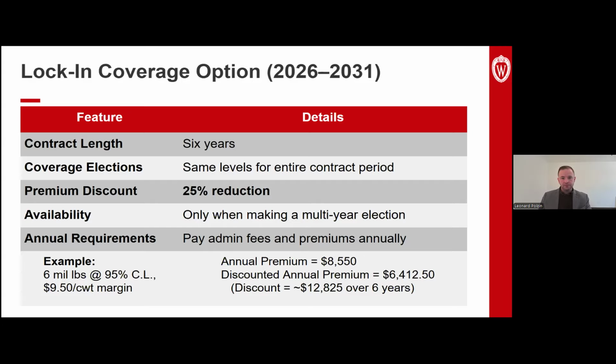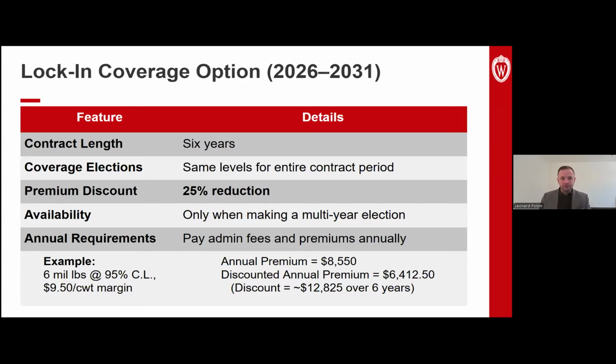Normally, let's assume that you're doing your first 6 million pounds of annual production at a 95% coverage level, and we have a margin level of $9.50. Right now, your annual premium would then be $8,550. If you take that discount, your annual premium is $6,412.50.